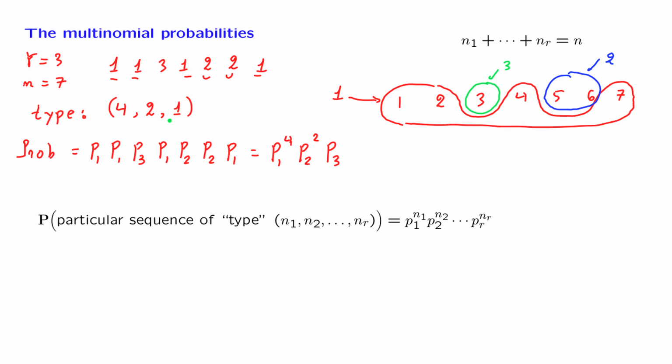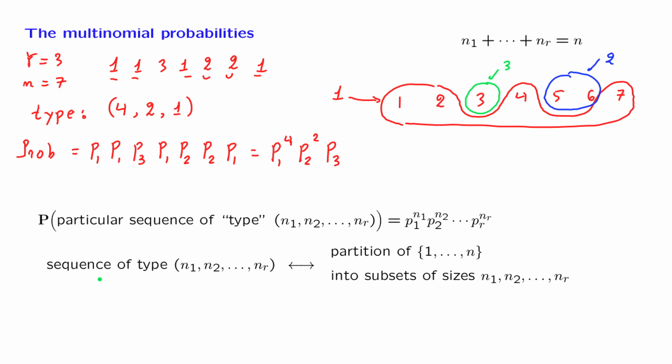The conclusion is that a sequence of a certain type can be alternatively specified by giving you a partition of the set of tosses, which is the set from 1 up to n, how many trials we've had, a partition into subsets of certain sizes. So this allows us now to count the number of sequences of a certain type.